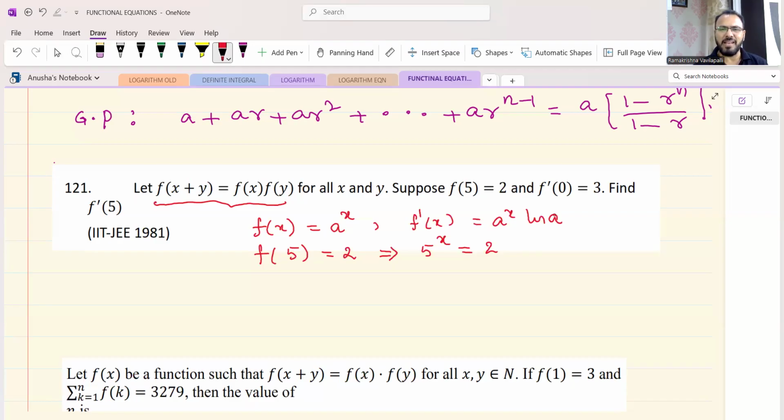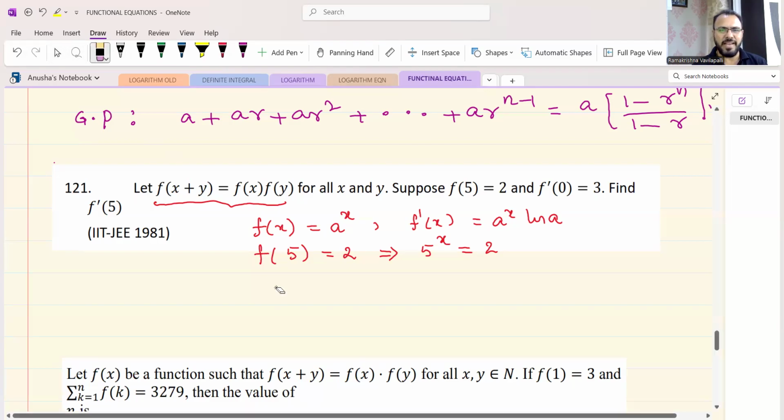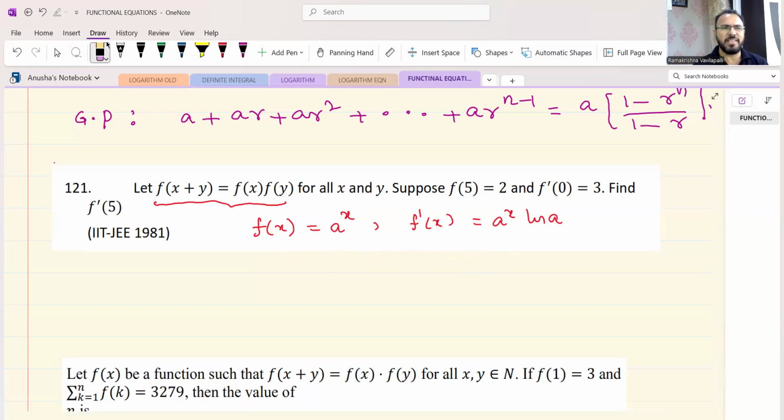They have given that f dash of 0 equal to 3. So first I will use that fact and remove the second fact. f dash of x equal to the derivative of a power x, equal to a power x ln a, and f dash of 0 equal to 3.